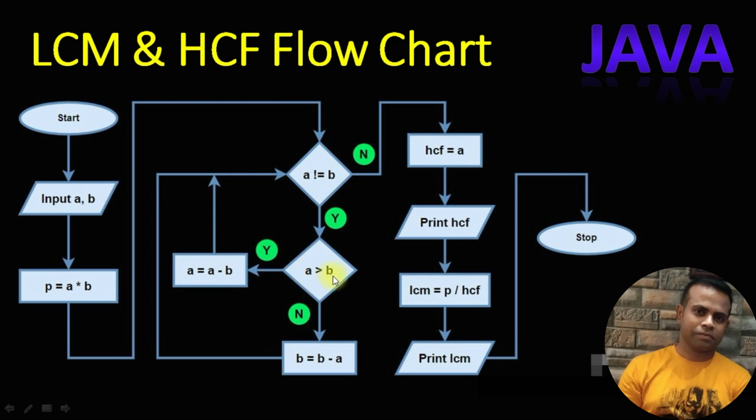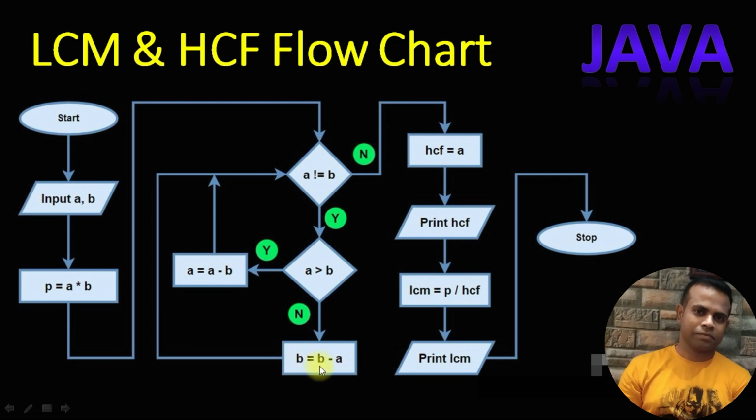So here the condition is that if A is greater than B, that means my first number is greater than the second number, then every time it will reset the value of the first number by subtracting the second number, so A is equal to A minus B. In the reverse case, where the second number is greater, it will go for the no path and reset the value of the second number by subtracting the first number.